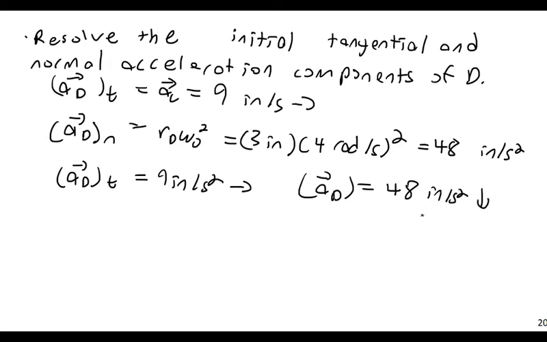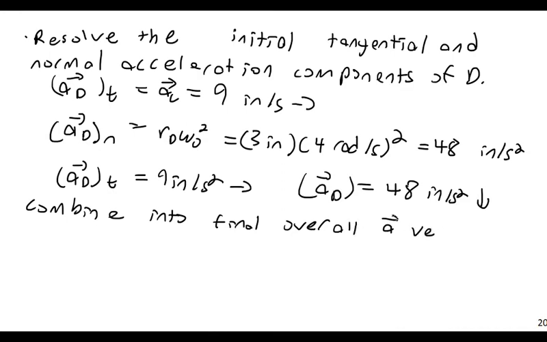Okay? And so if I want to combine these into a final overall acceleration vector, I would have the acceleration at D, and then the tangential component in this direction, if I want to be consistent. This would be the tangential AT, and AN here, the normal component, if this is the center of the circle.